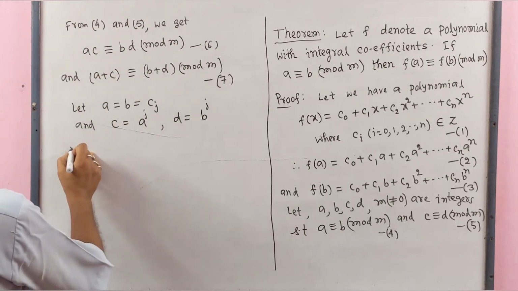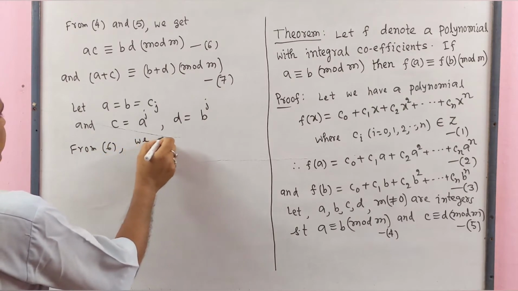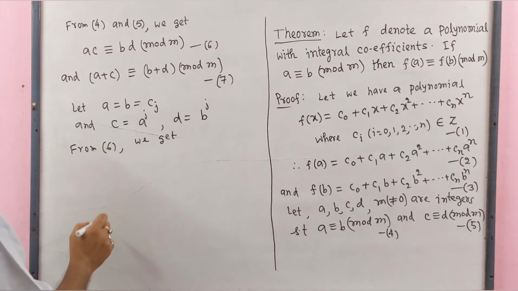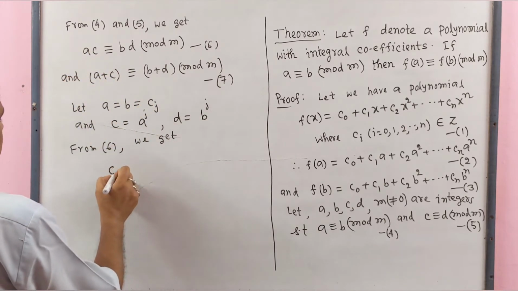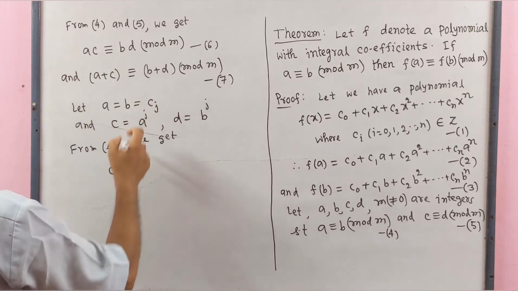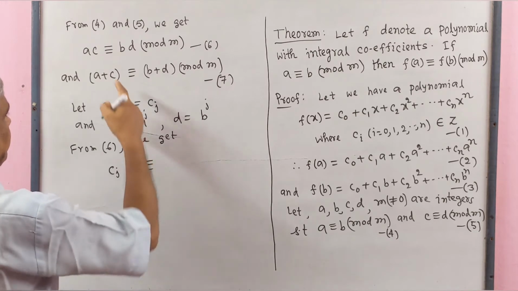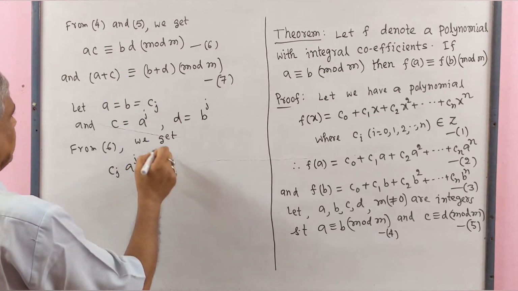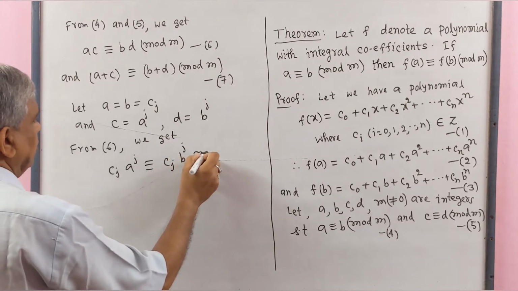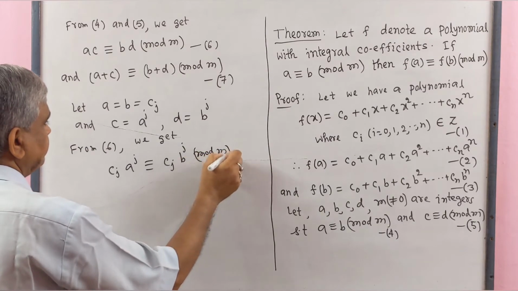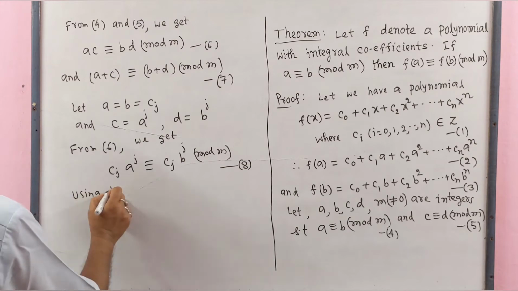Therefore, from 6 we get cj a to the power j congruent cj b to the power j modulo m. This is number 8. Using the concept of 7 in 8.